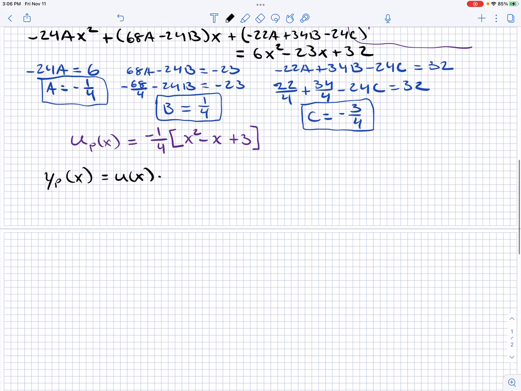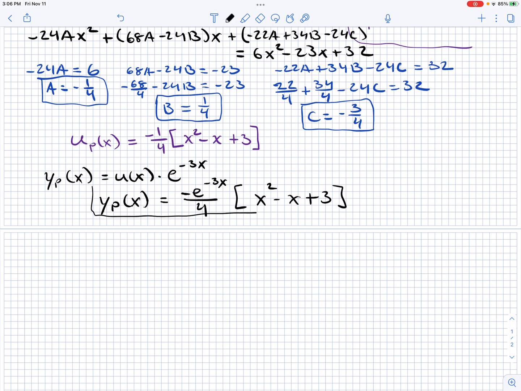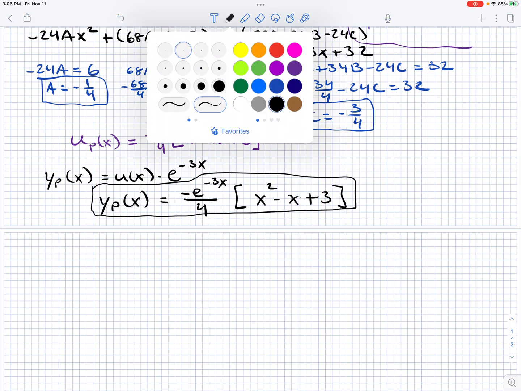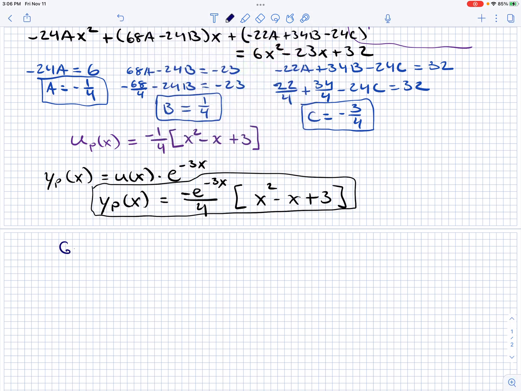So that just means our particular solution is going to be e to the negative 3x times negative 1/4 times x squared minus x plus 3. And that almost does it, except I did say I wanted the general solution. But that's just one final step.